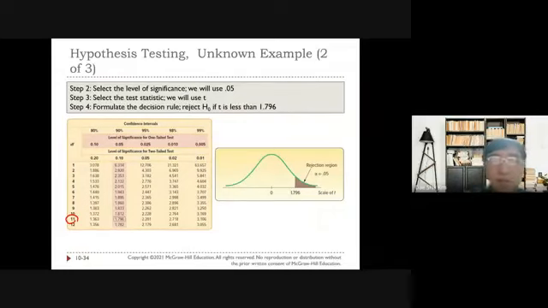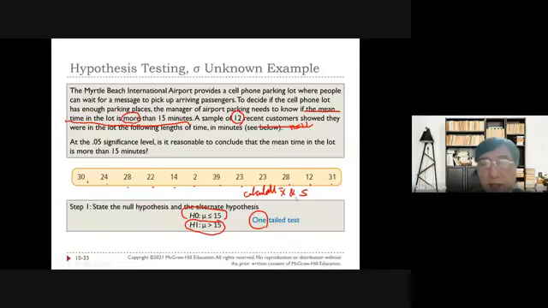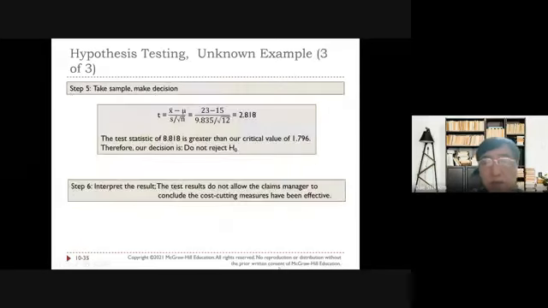Let's assume significance 0.05, one tail, so the critical value is 1.796. This is T star, the critical T value. And we will calculate the T value using this formula, 2.818.